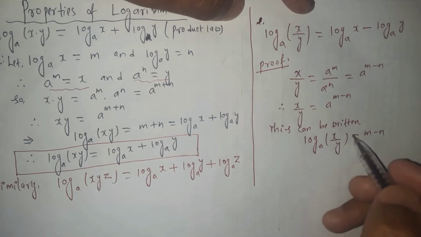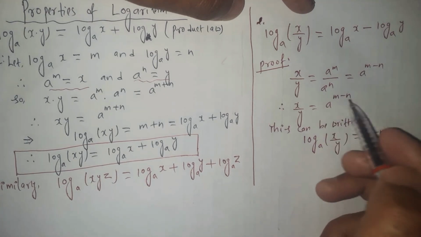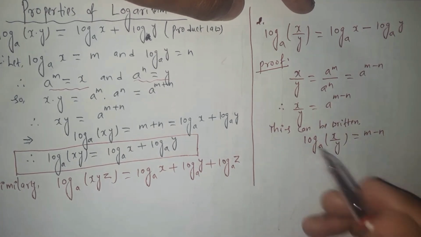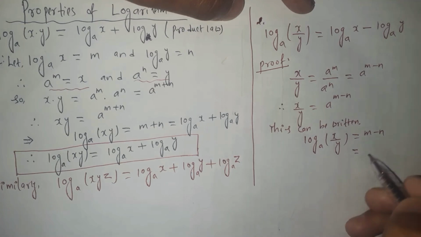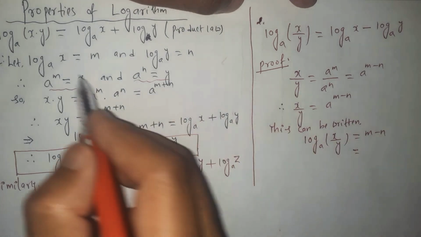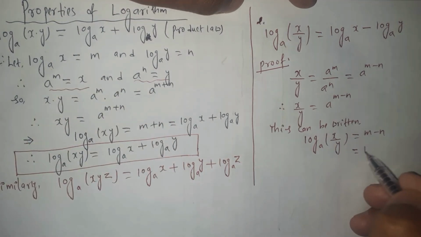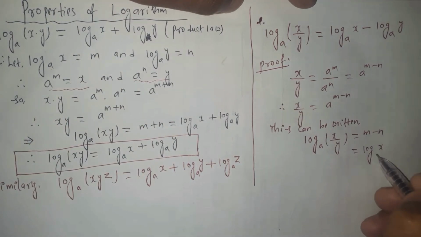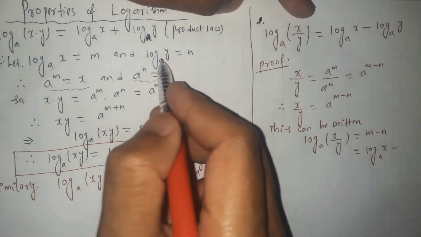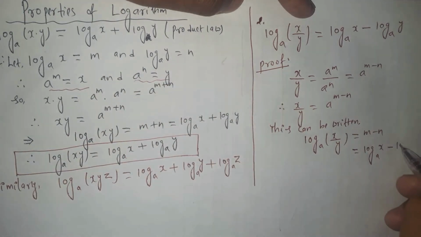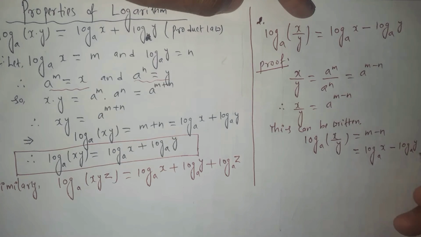Here we just write the inverse of this exponential form in the logarithm form, and let's substitute the values. Here m is supposed as the log of x with base a, minus n, which is the log of y with the same base a.